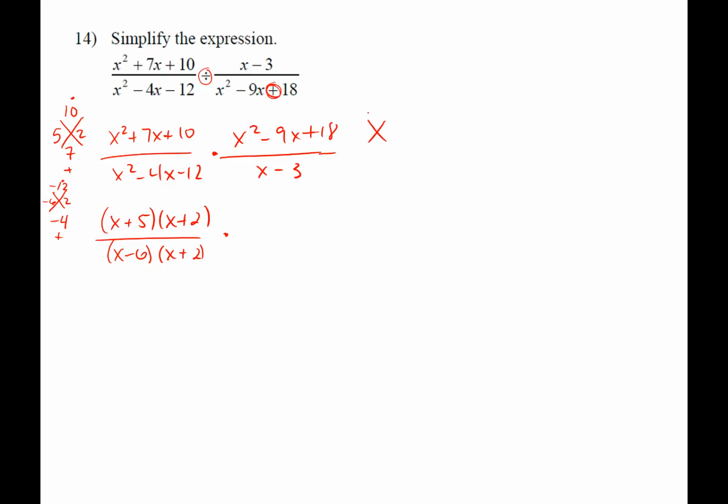Then over here, factor, multiply to make 18, add to make negative 9. Numbers that do that are negative 3 and negative 6. So x minus 6, that's fine, and x minus 3. Then in the denominator, can't factor the x minus 3. Then we look for our stuff to cancel. So cancel, cancel, cancel, cancel, cancel, cancel. I'm left with x plus 5.